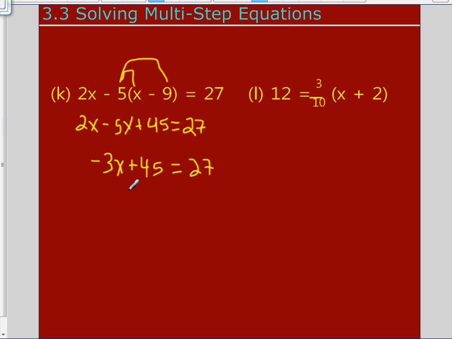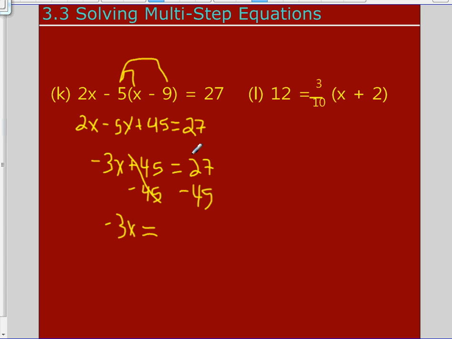And then we're going to subtract 45 from both sides. And we're going to get negative 3x. And then 45 minus 45 is 0, so it can just go away.